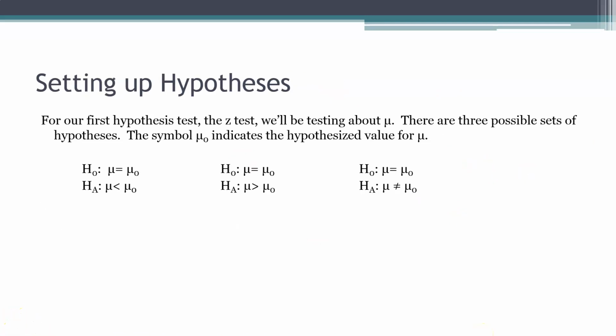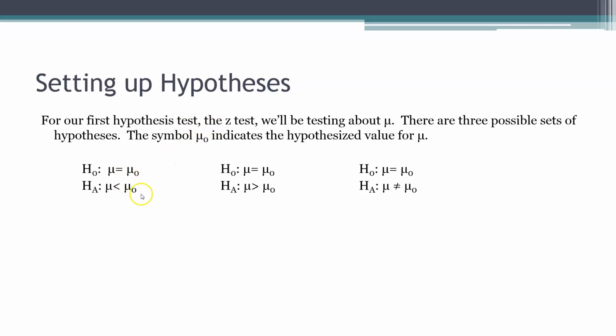So now let's look at our first hypothesis test. This is called the z-test for the mean, and we're going to be comparing the mean to a number. And that number that we're comparing the mean to is called mu naught. It's a mu with a subscript of 0.